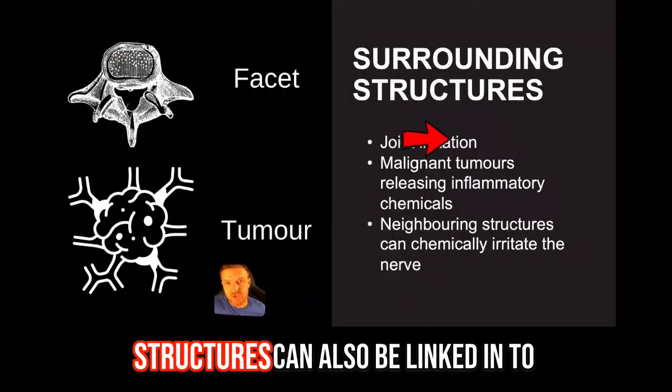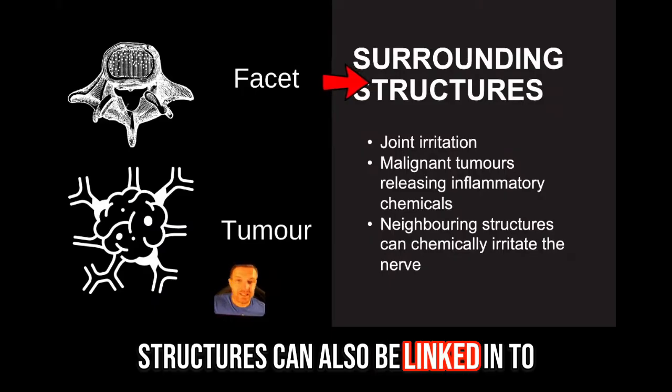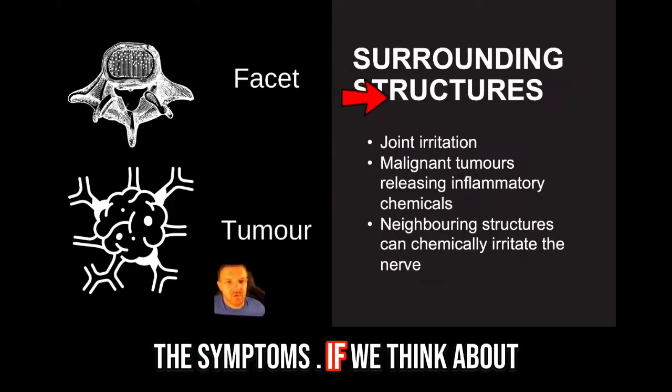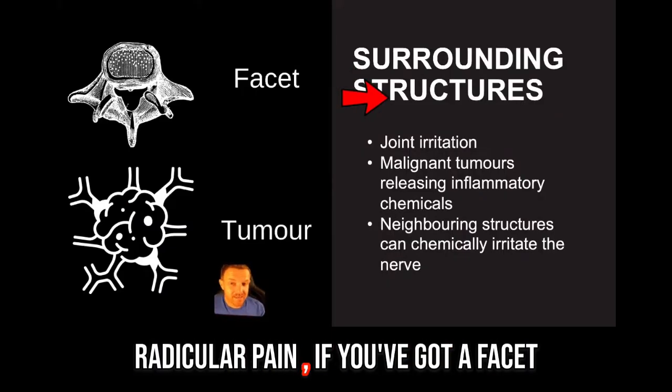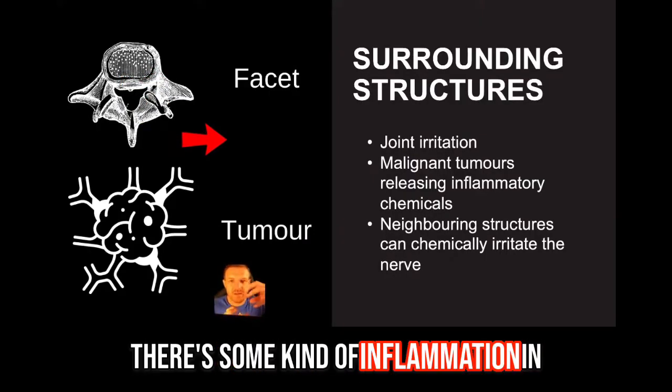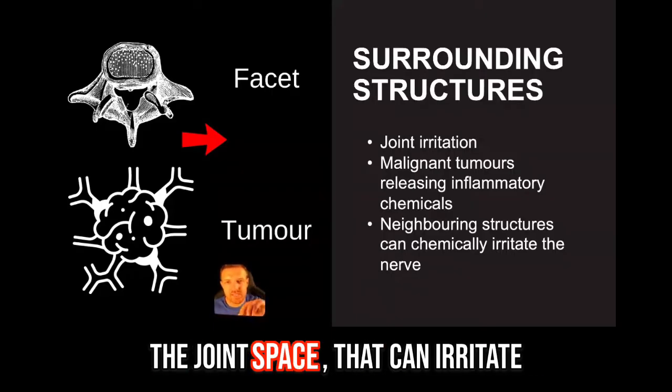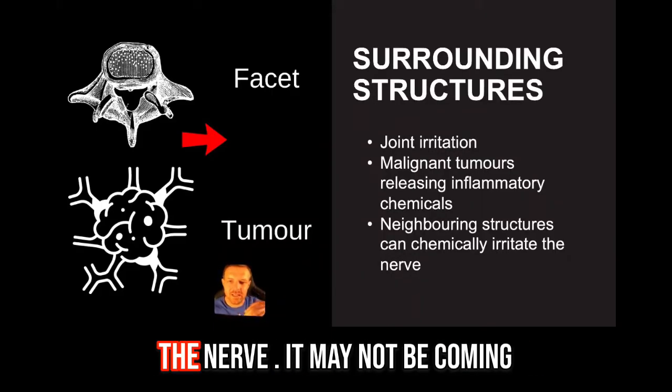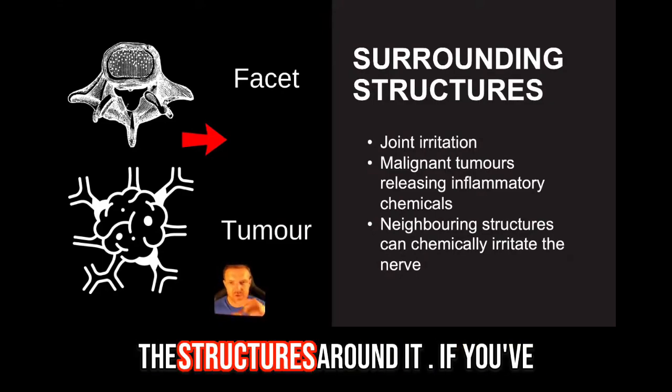The surrounding structures can also be linked in to the symptoms. If we think about radicular pain, if you've got a facet joint that is irritated and there's some kind of inflammation in the joint space, that can irritate the nerve. It may not be coming from the disc, it may be coming from the structures around it.